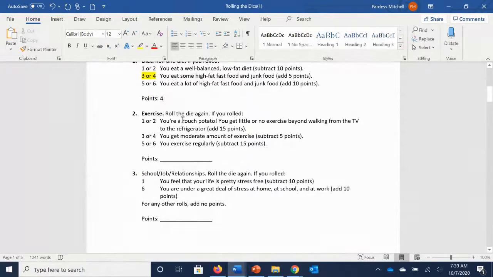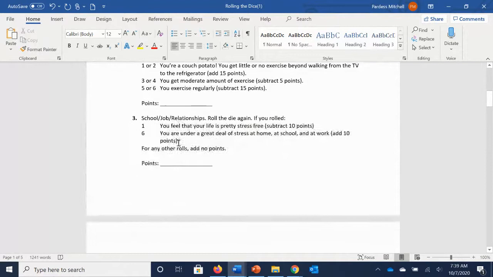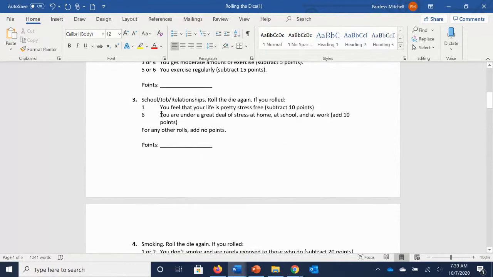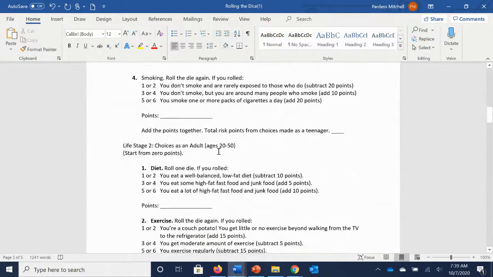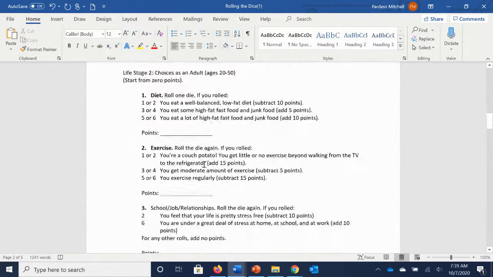I roll the dice again to see, am I a couch potato? Do I get exercise? Whatever I get. For this, if I rolled a 1, my life is pretty stress-free. I would subtract 10. If I rolled a 6, I have a lot of stress. You add 10. For any numbers between, so 2, 3, 4, and 5, it would be 0 points. And then here you have this. So you would continue to do this.